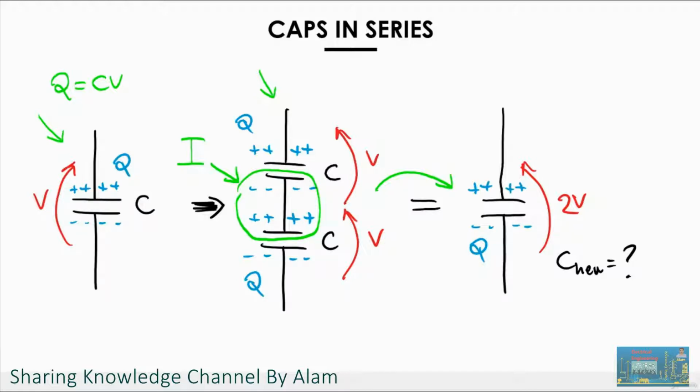But the effective charge that is stored is only 4 plus signs and 4 minus signs, because the one in the middle got simplified away. So at the end of the day, the equivalent series capacitance for this case would be equal to C divided by 2.